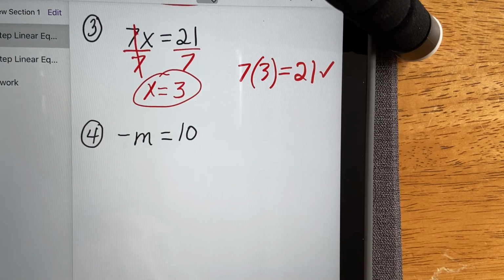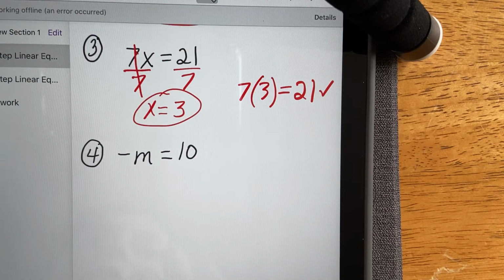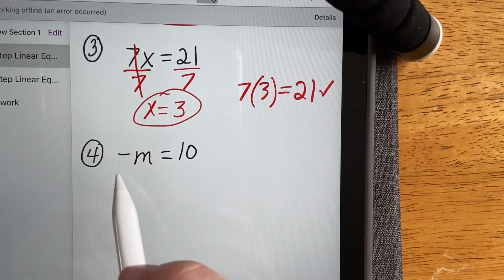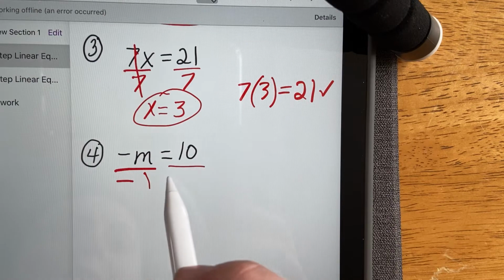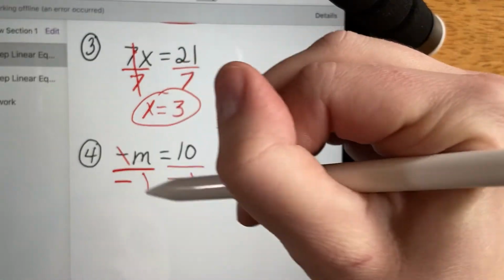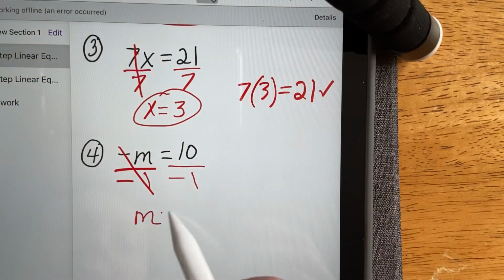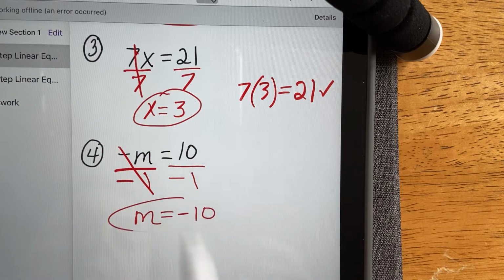So you want to completely get this variable by itself. It has this negative sign attached to it. So in order to get rid of that negative sign, you want to do the opposite of multiplying by negative 1, which would be to divide both sides by negative 1. So that cancels out the negative, which makes this m equals negative 10.